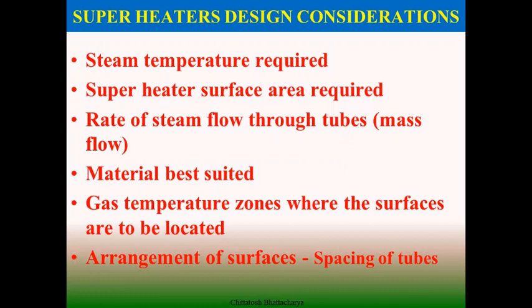As maximum heat is available within the furnace, naturally the primary platen superheaters are exposed to the furnace and receive the radiant heat. In the second pass the availability of heat is less, and this is the first phase of primary superheating in LTSH, so naturally the heat added is also less.